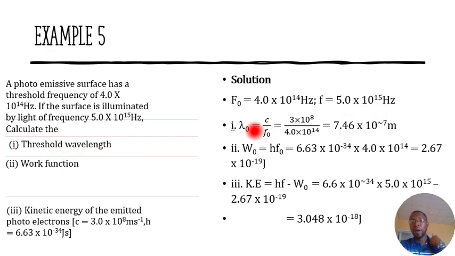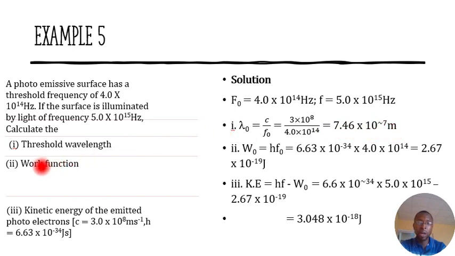So the threshold wavelength by formula is speed of light over threshold frequency. Speed of light is constant, that's c, so 3 times 10 to the power 8 all over threshold frequency, which is given 4.0 times 10 to the power 14. And when we simplify this, we have our threshold wavelength to be 7.46 times 10 to the power 7 meters.